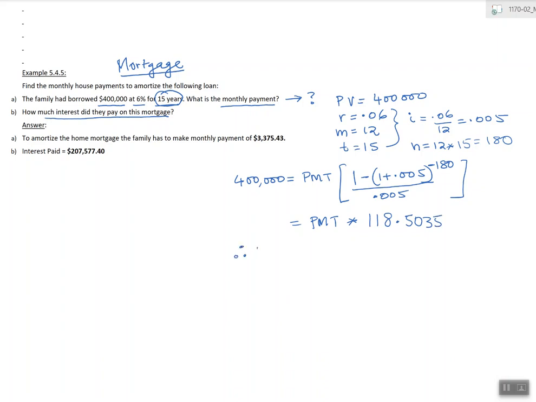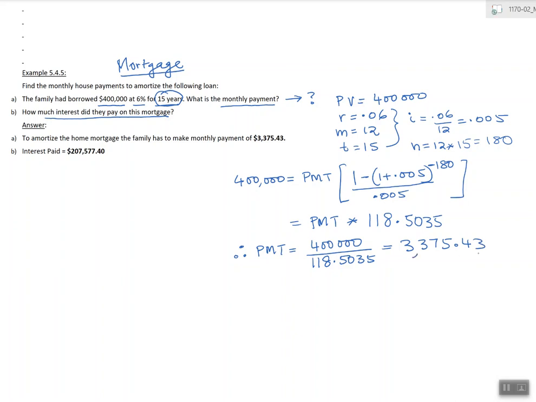Therefore, the payment would be 400,000 divided by 118.5035, and that should come out to 3375.43.